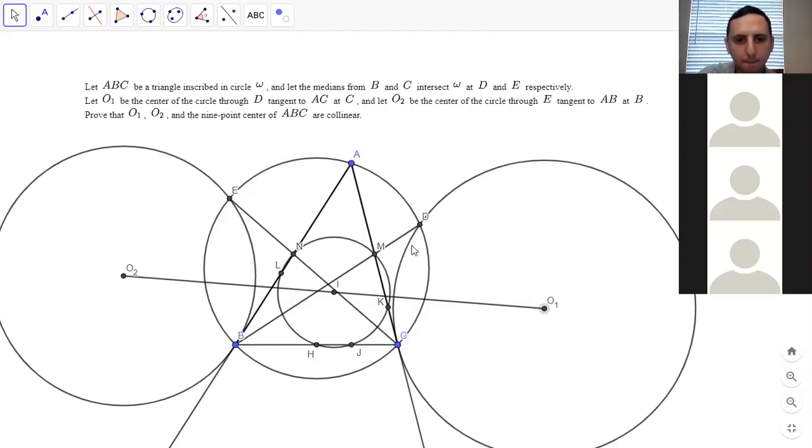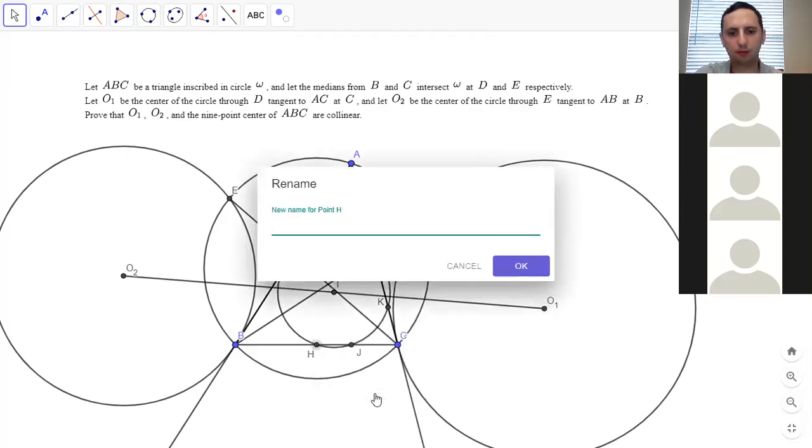Could you draw H and O as the orthocenter and the center of circle ABC? Mm-hmm. Let me rename some things.